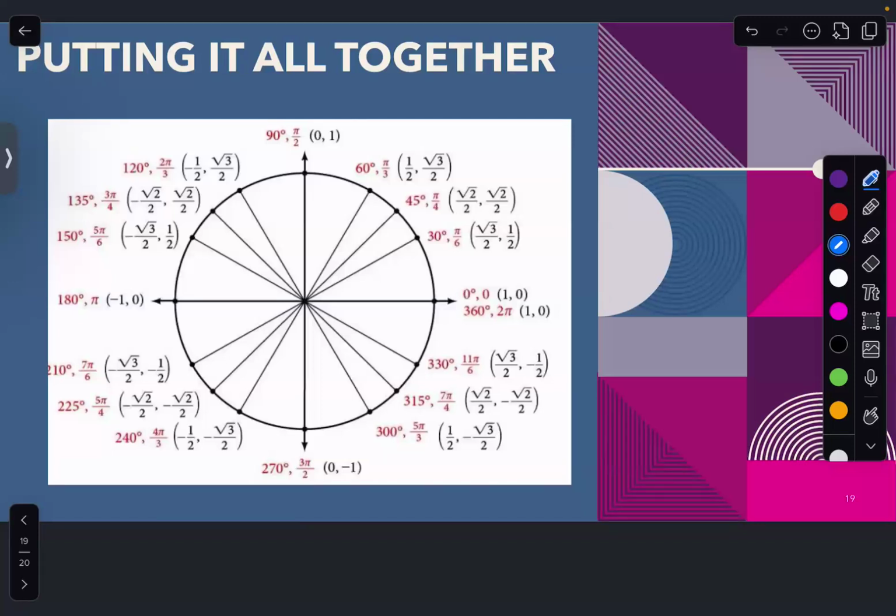If you guys can get the hang of just knowing quadrant one, you should be able to find the rest of the functions for the unit circle. And then, of course, we also have the skills to be able to find these if we don't have them memorized by using special right triangles and our properties that we learned. So you guys can also do that.